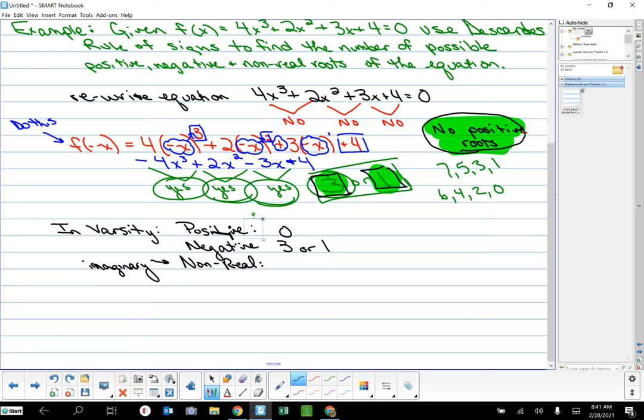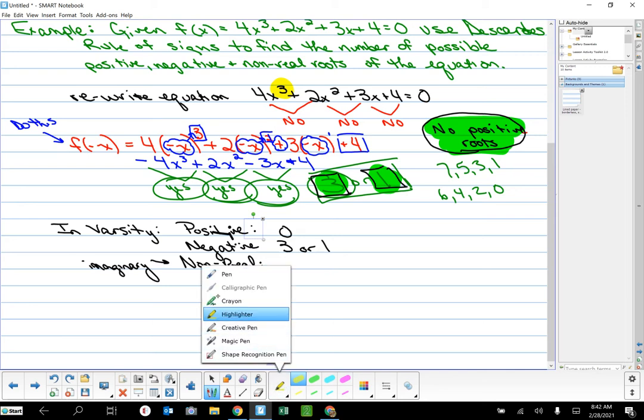Okay, now here's where this gets a little weird. Remember at some point, I'm sure we talked about the fact that the number of the highest exponent is the number of total answers that you're going to have in this problem, right? So if I have 3 negative roots, that's all of them.